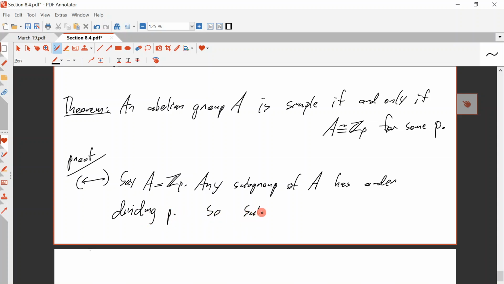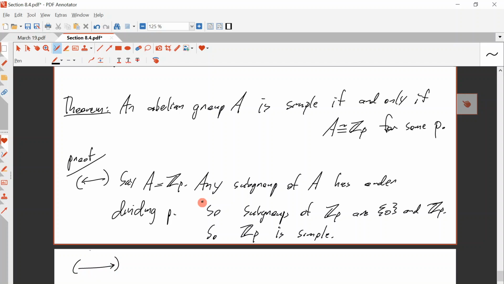So the subgroups of Zp are just 0 and Zp. So not only does Zp not have non-trivial normal subgroups, it doesn't have any subgroups except for the trivial subgroup and itself. So Zp is simple. I'm not just saying it has no non-trivial normal subgroups, it has no non-trivial subgroups, period.